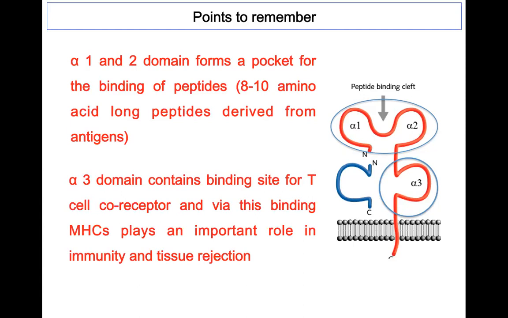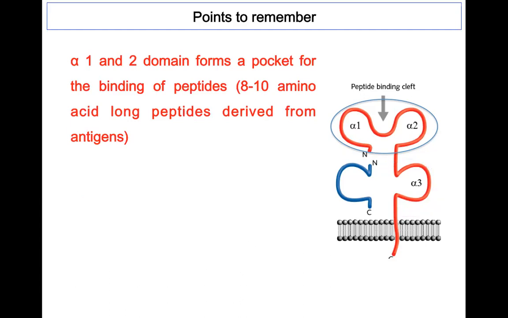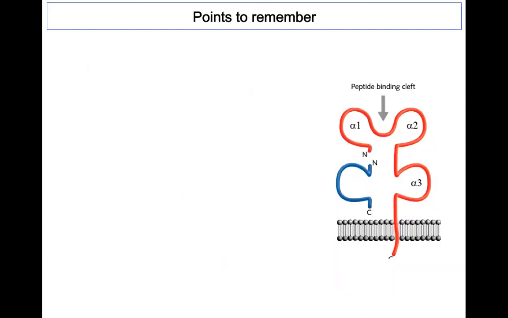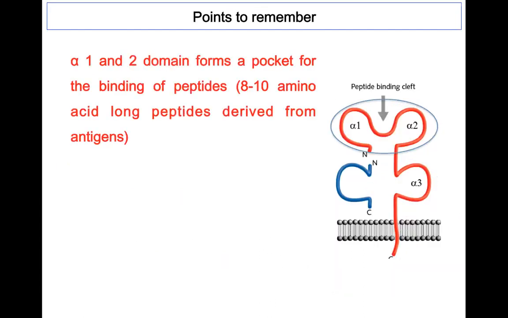So what we have learned so far is that MHC I has two parts. One we call the alpha chain, and the other we call beta microglobulin. And then we learned further that the alpha chain has three domains, which we call alpha 1, alpha 2, and alpha 3.